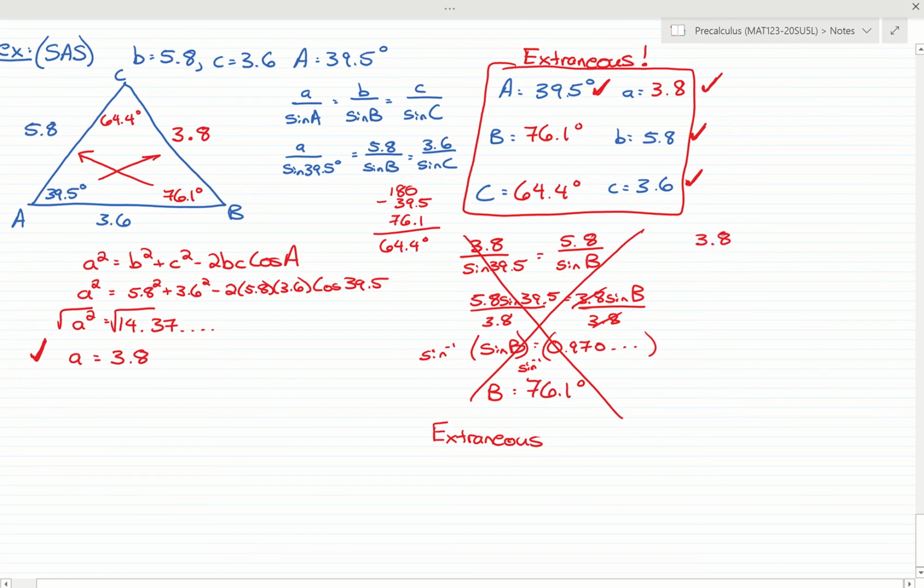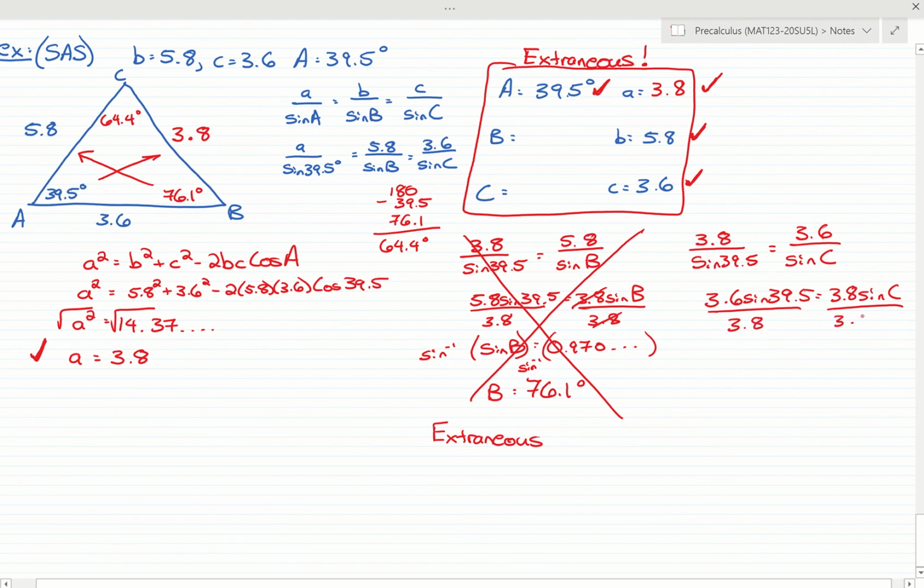So we'll do 3.8 over the sine of 39.5 is equal to, we'll get angle C first, so that's 3.6 over the sine of angle C. Cross multiplying, and then dividing by 3.8. Let's see what we get.